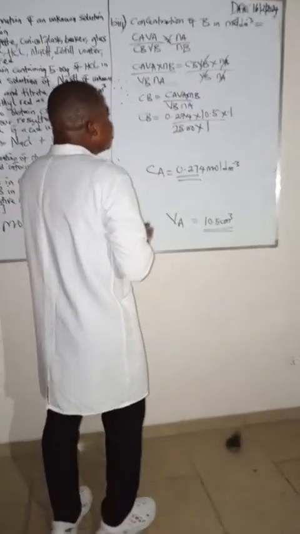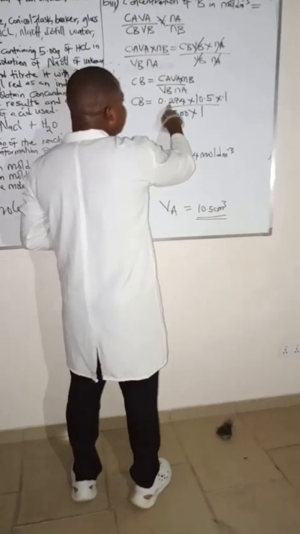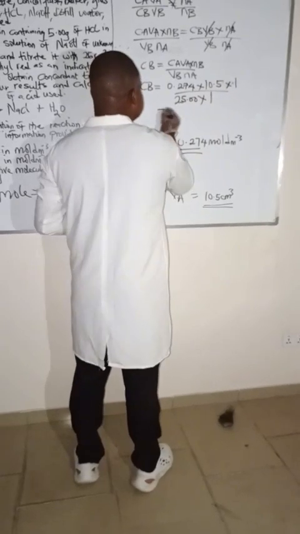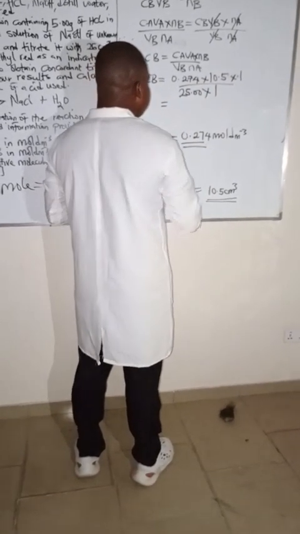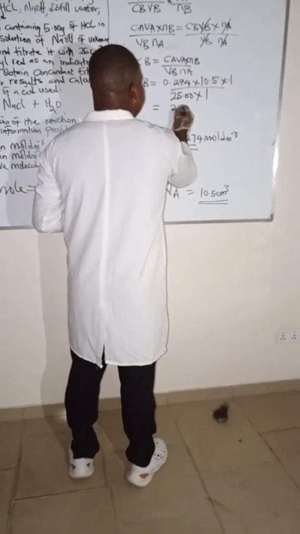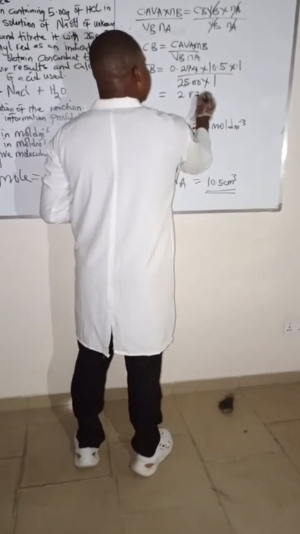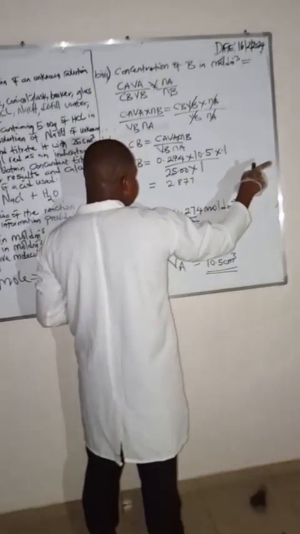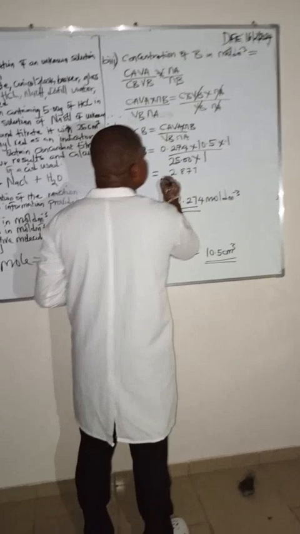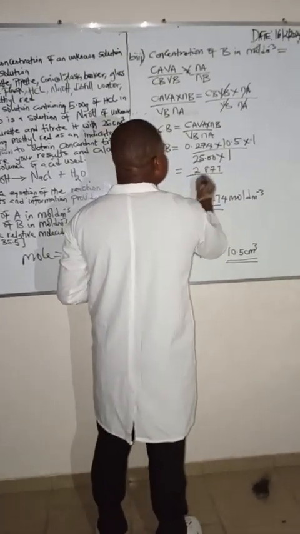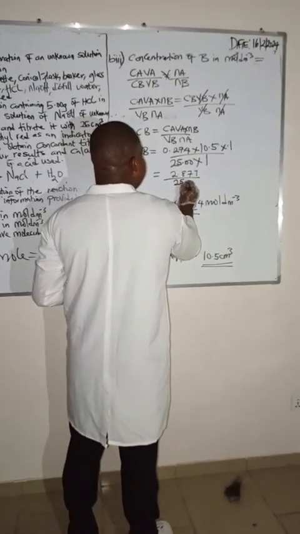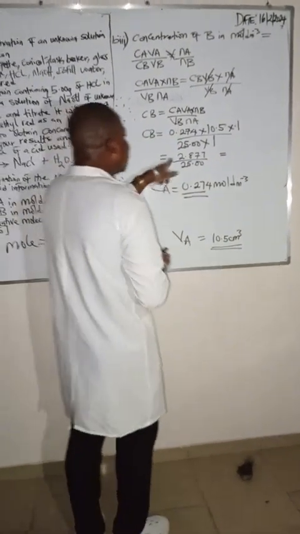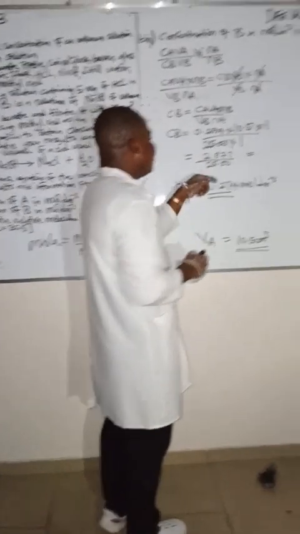Are you following? Yes. So calculate 0.274 times 10.5 times 1. What do you have? 2.877. Then 2.877 divided by 25.00.